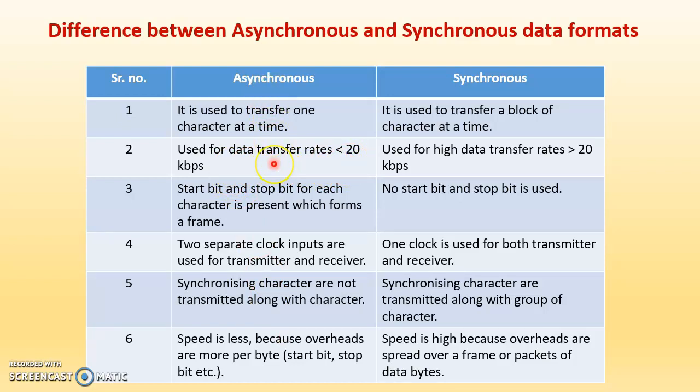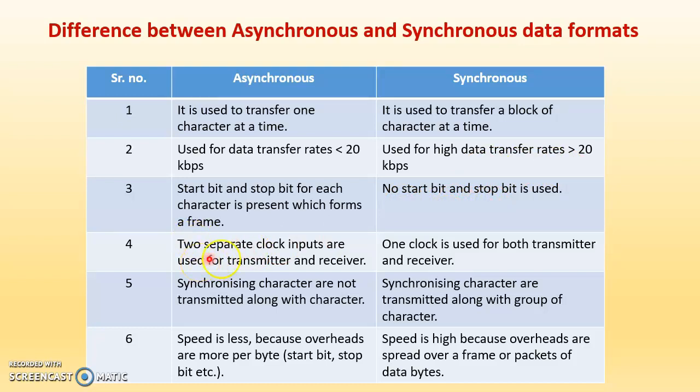This asynchronous format has a low data transfer rate because every time it uses a start bit and stop bit for each character, and that's why the rate is low. And synchronous data transfer is used for high data transfer rates, above 20 kbps, because there is no start bit and stop bit.